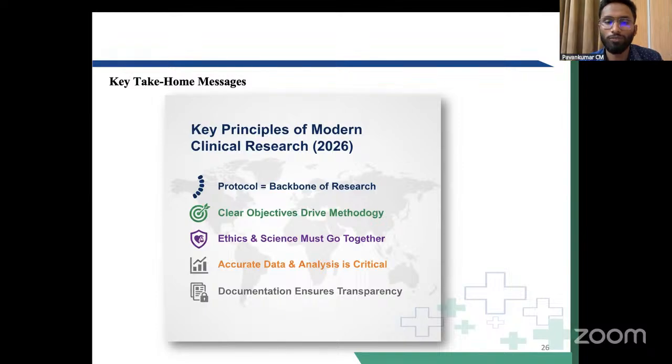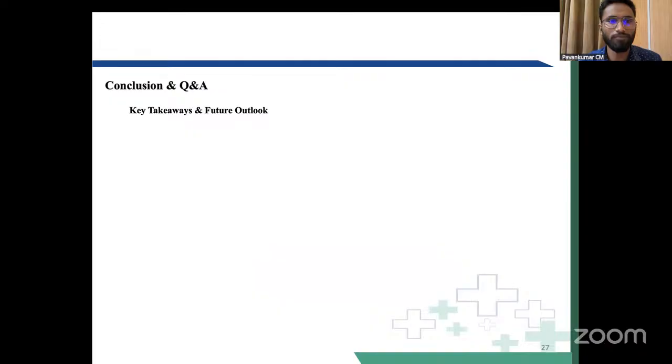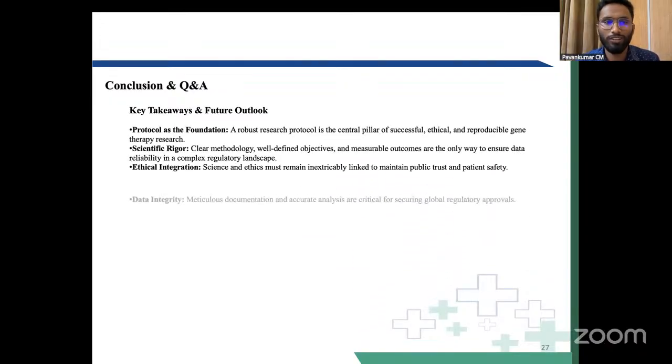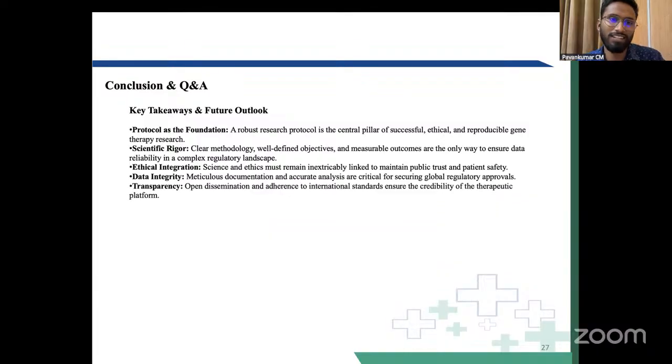Documentation should ensure transparency. Confidentiality should be there for the subjects and privacy should be maintained, but documentation transparency should be there for society. And here I'm going to conclude my slides. Again the take home message is protocol as a foundation.